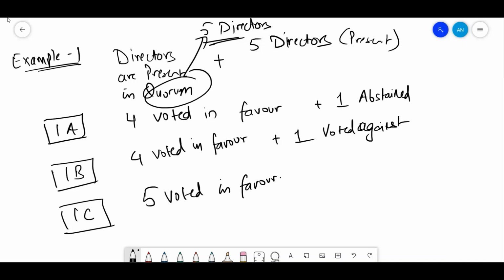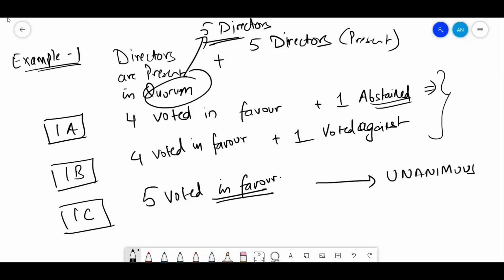So, in order to have a unanimous resolution, all the 5 votes should be in favor. That is, here it is unanimous, and in all the other cases, that is, if a director is abstained from voting, then not unanimous. And similar is the case in 1B, 1 voted against. All right, so these 2 cases are not unanimous, and the third case, that is 5 voted in favor, it is a unanimous resolution. I hope I made myself clear.